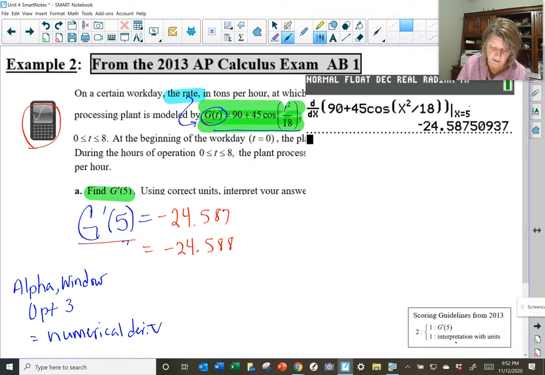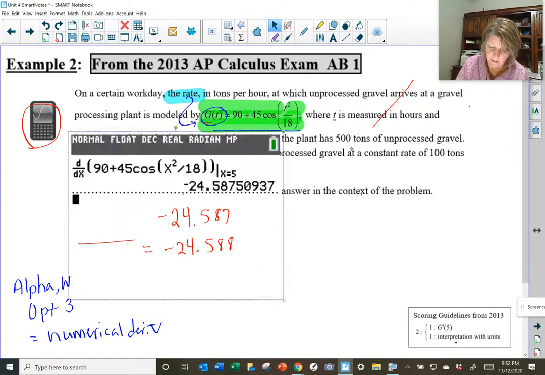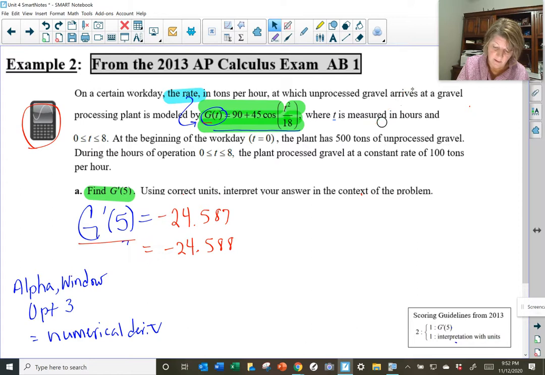Now, I also need correct units. So T was measured in hours and G was tons per hour. So tons per hour was the output, right? Tons per hour is what G of T represented.